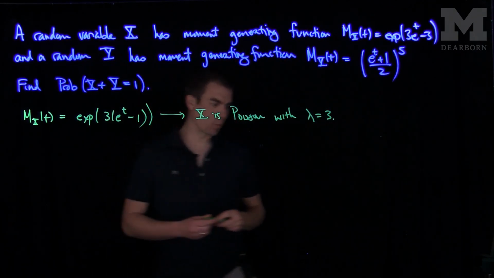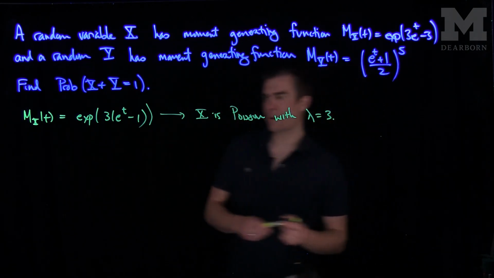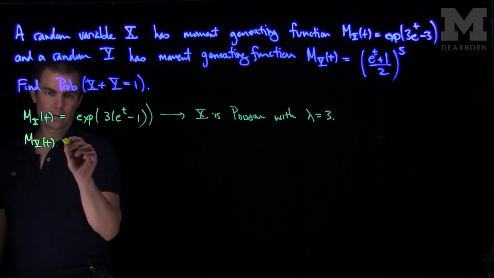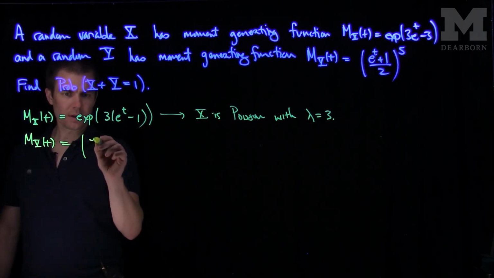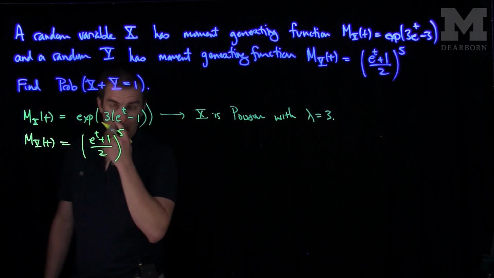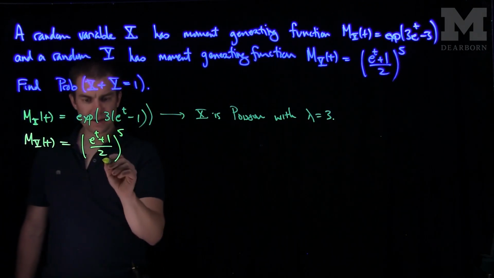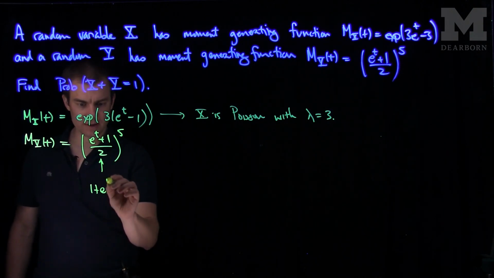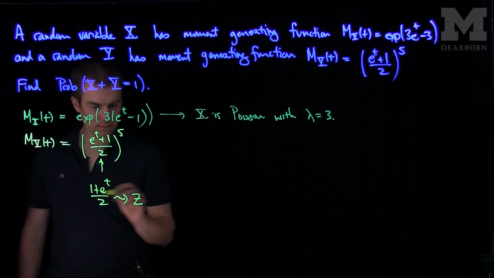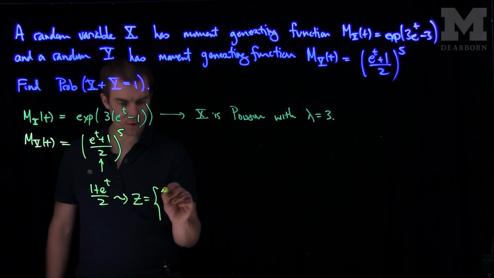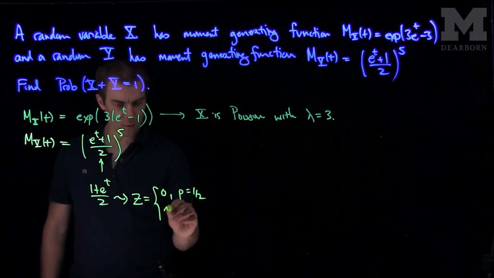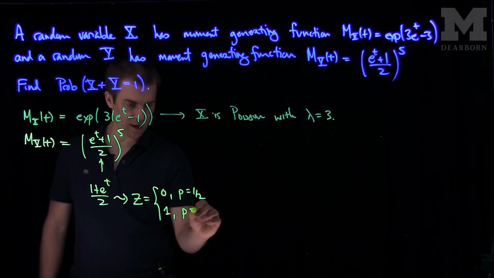The second random variable we're given, Y, has moment generating function ((e^t + 1)/2)^5. If we just had the inside of this, (1 + e^t)/2, this would correspond to a random variable Z which took the values 0 with probability 1/2 and 1 with probability 1/2.